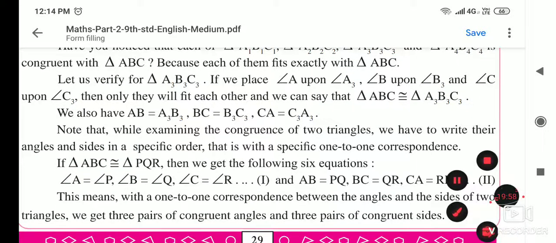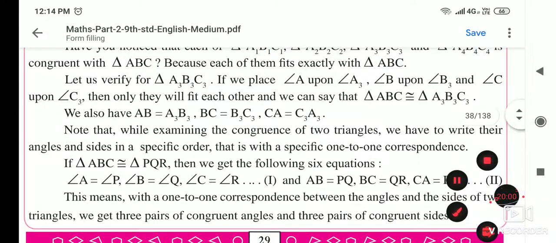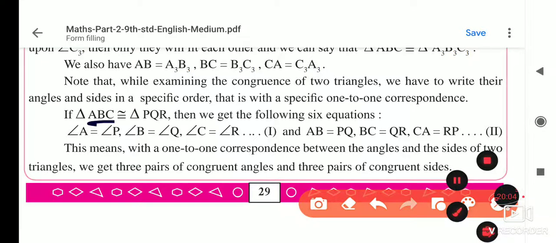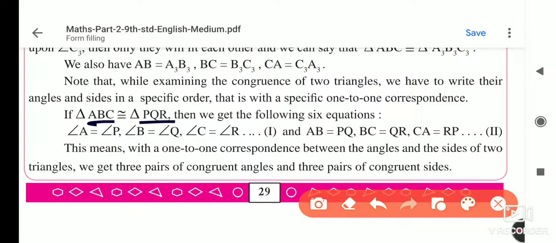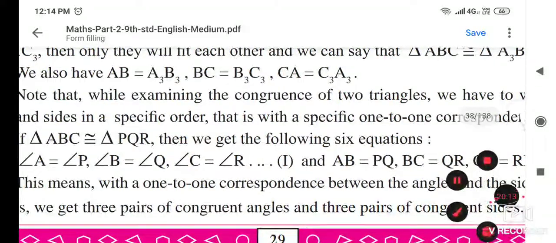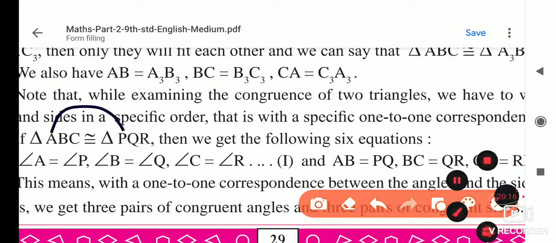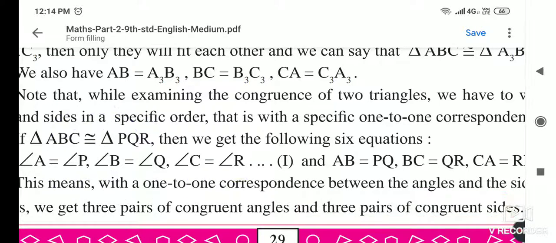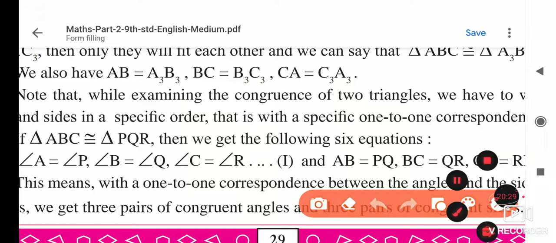Just now I told you that if triangle ABC is congruent to triangle PQR, then angle A is equal to angle P, angle B is equal to angle Q, and angle C is equal to angle R. Keep that in your mind. Again I will repeat it.